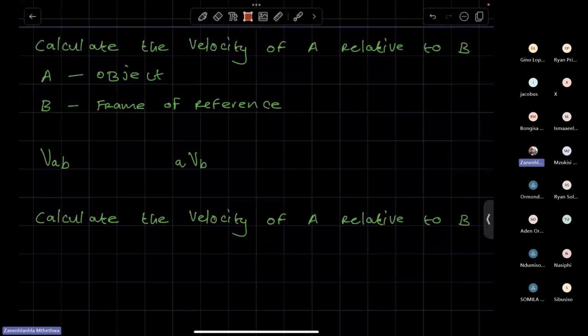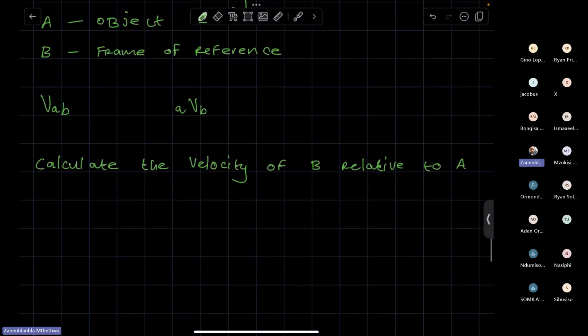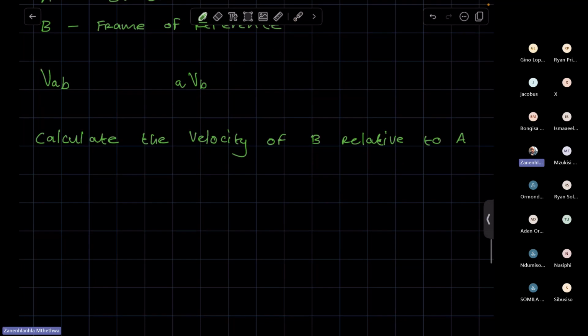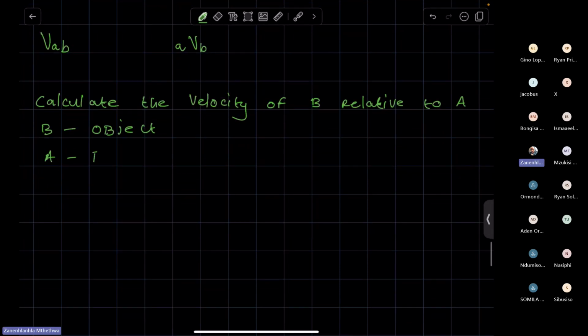Now say they say calculate the velocity of B relative to A. Again, you look at which velocity you are trying to calculate. You want to calculate the velocity of B. So B for this one is the object compared to A, so relative to A, meaning A for this one is the frame of reference. So B would be the object and A would be the frame of reference.